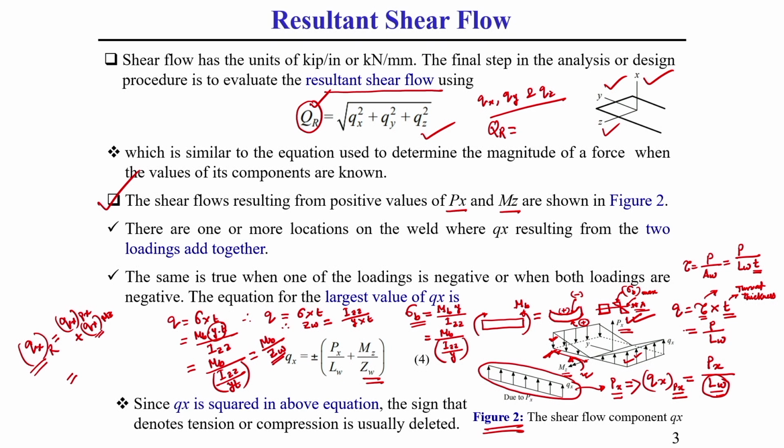So, in this case, one side is compressive in nature and another side is tensile in nature. Here, Px is tensile, so for Mz you should choose the location where the bending stress is maximum and positive in nature.